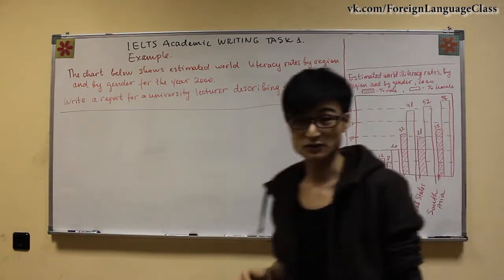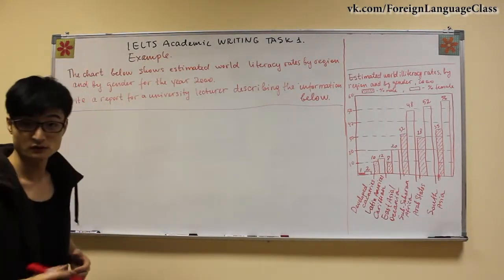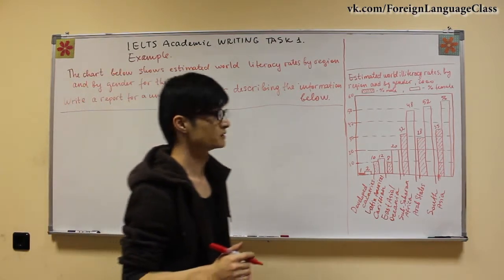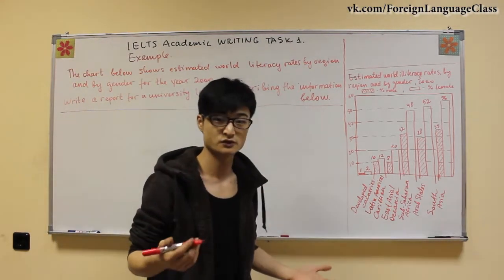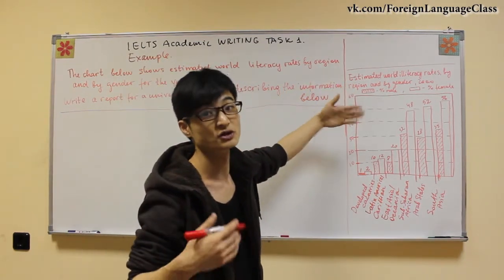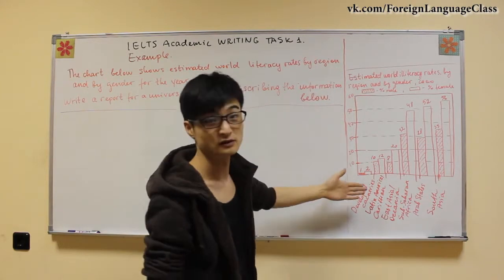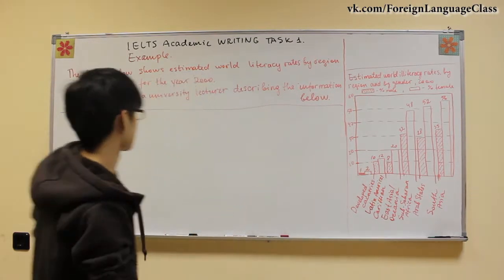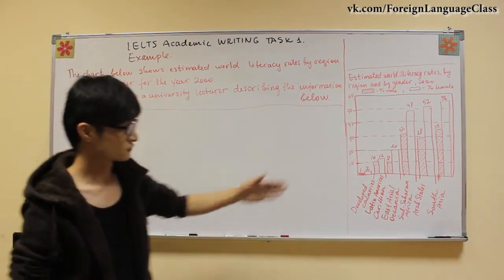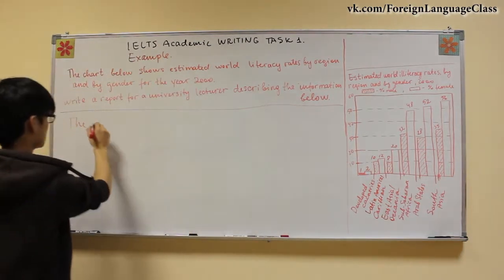Okay, so let's start writing. First, let's start with the introduction. As you remember, in the introduction we should describe in general the information that we see. Okay, let's start. This is, as I mentioned before, the bar chart. And we'll write the bar chart.